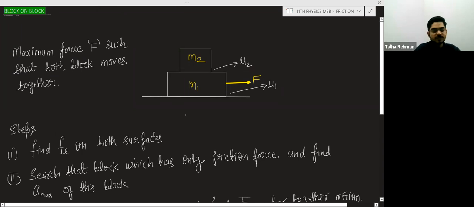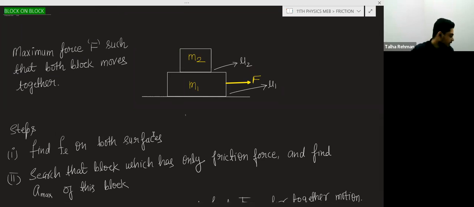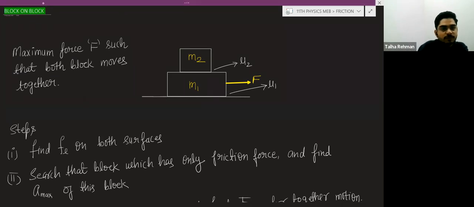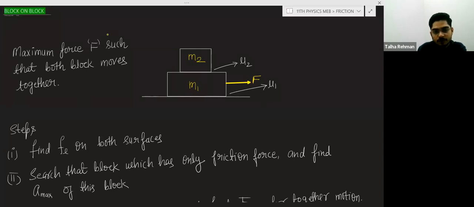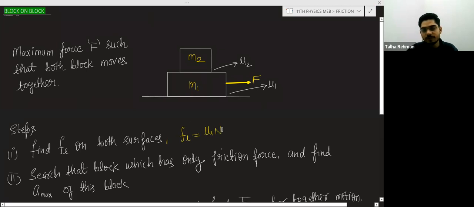Limiting friction force is the normal reaction multiplied by the coefficient of static friction, given by mu s into the normal reaction. You have to see the normal reaction with respect to the surface, whether you are calculating it with this surface or with that surface.